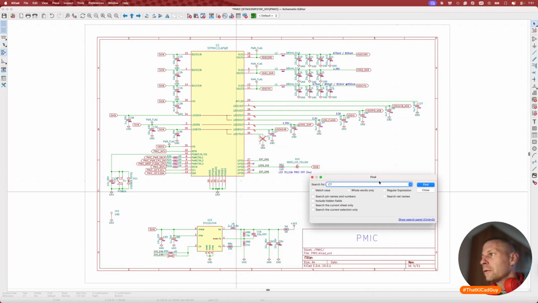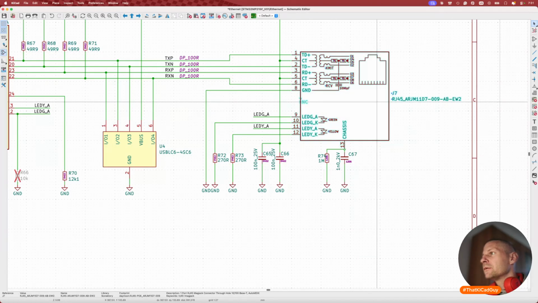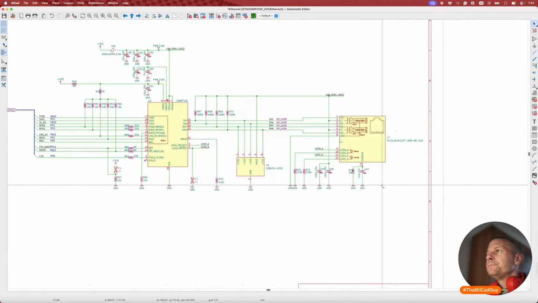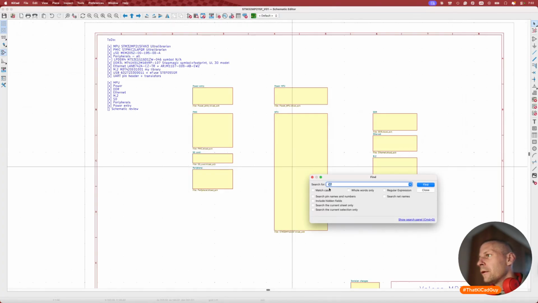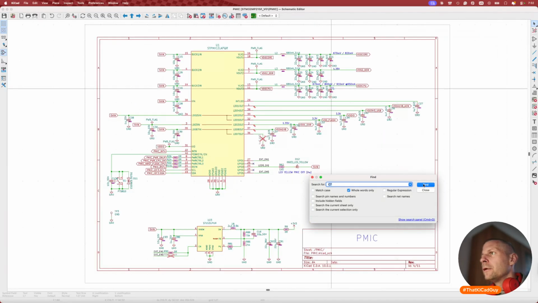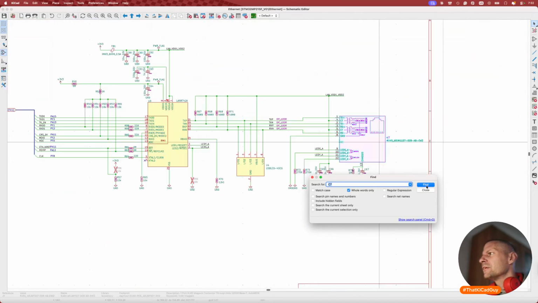No. Where is C7? I can't see C7. Where is C7?